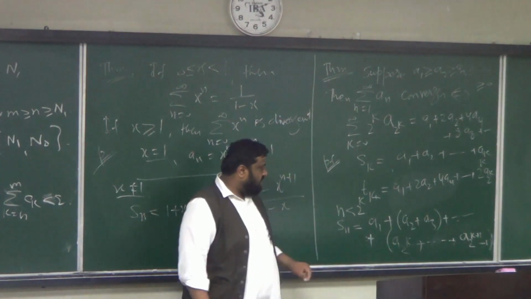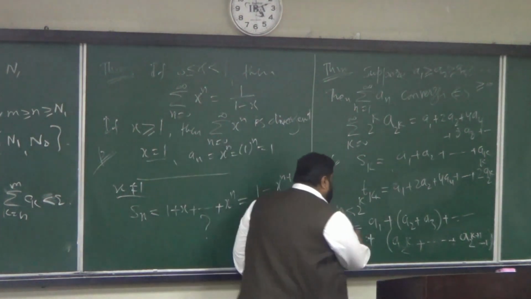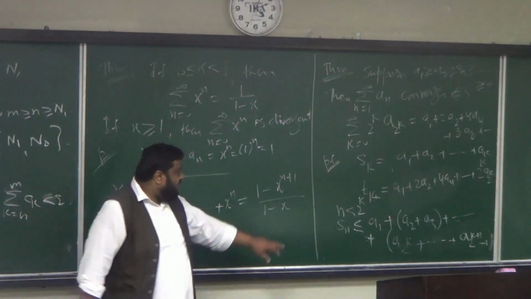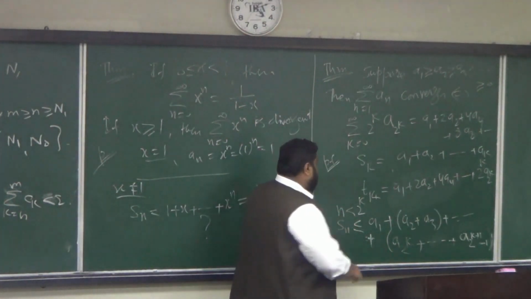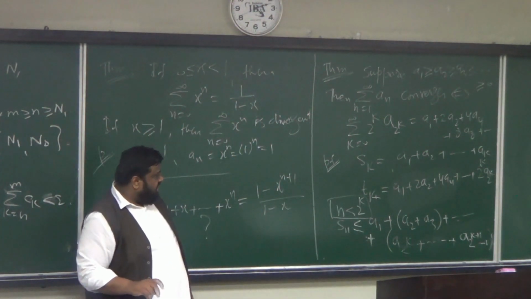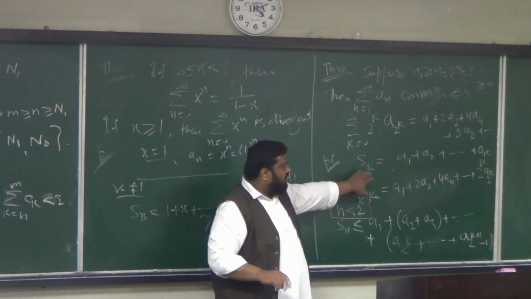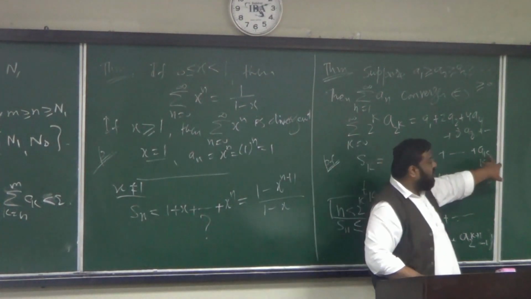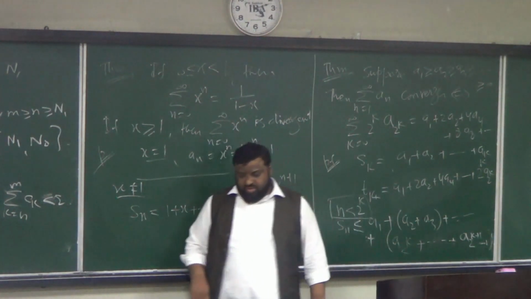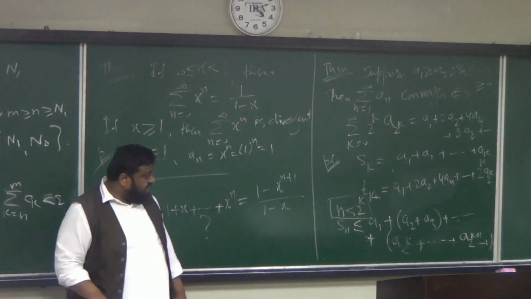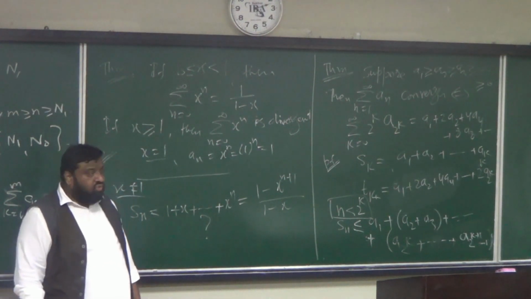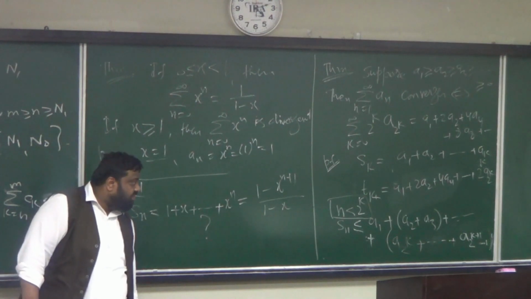So are you convinced that this is going to be bigger than or equal to a certain value? If n is less than 2^k, this is a sum from 1 to n, then my S_n cannot go beyond this number.